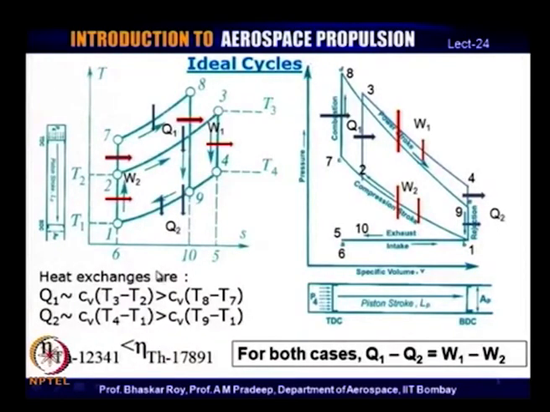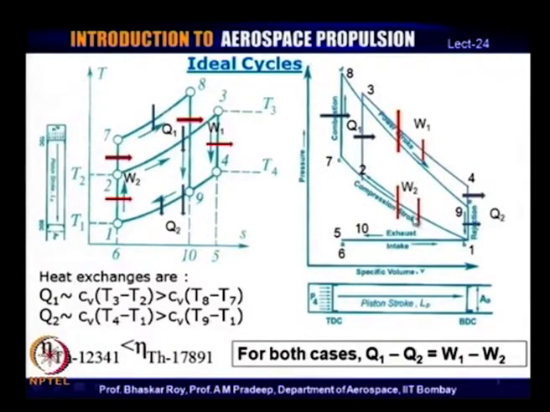Now, this comes from the efficiency definition which we have done in the last class. If you look at the PV diagram, or again we look at the work done, we had seen that there are two legs of the cycle where the work is done. One is of course what we call the power stroke, during which the work is extracted from the engine, and the other is the compression stroke, in which the work is actually put inside the engine.